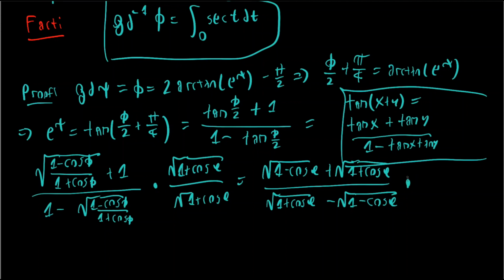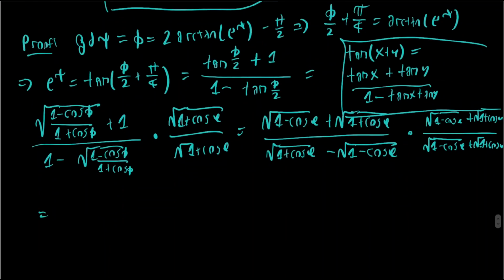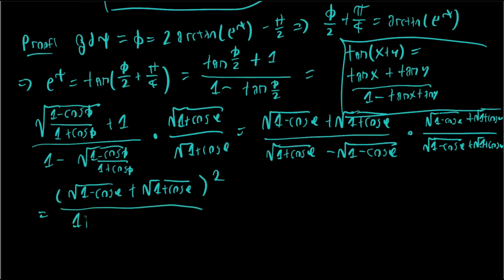Now by multiplying all of this by the square root of 1 minus cosine of phi plus the square root of 1 plus cosine of phi, over itself, which is again just 1, we get that this is equal to the square root of 1 minus cosine of phi plus the square root of 1 plus the cosine of phi, squared, all over 1 plus the cosine of phi minus 1 plus the cosine of phi.